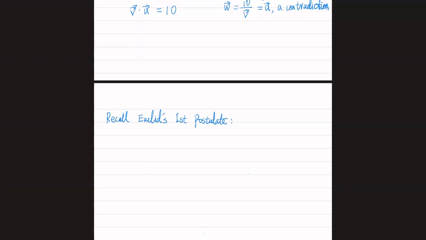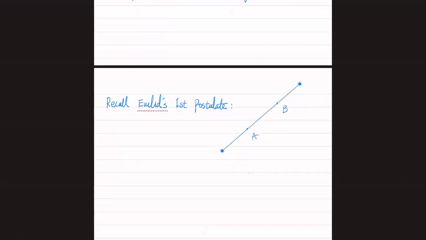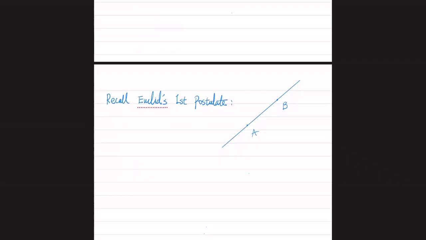What's it about lines? Given any two points, a line can be established between them. So this is the first postulate: for any two points, connect them, we get a line. This is a geometric object.